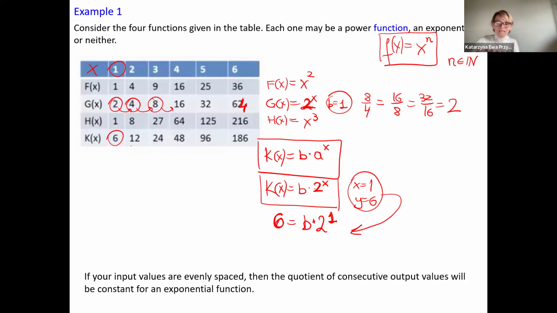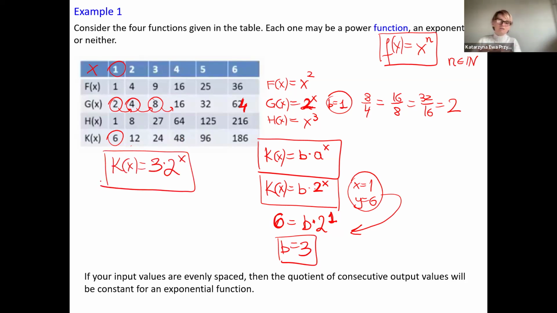That's what will be the b quantity, the initial value. We're not starting from 1, so we probably have to adjust. That means it's not just 2 to the x. Yes, thank you, b is 3. That means the final answer for this one is 3 times 2 to the x. Just the initial value is different.